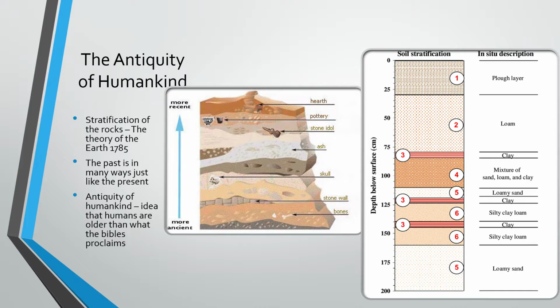Because of learning that soils are from different periods dating back thousands of years, the idea of the biblical origins of humanity falters. We know that humankind have evolved and have been on this planet much longer than what the Bible says, which is about 6,000 years ago. So this idea goes out of date.